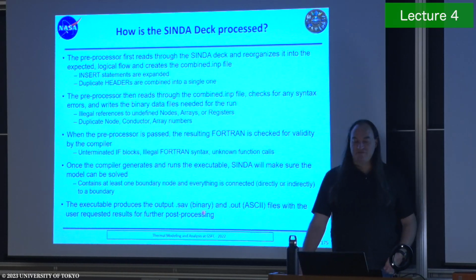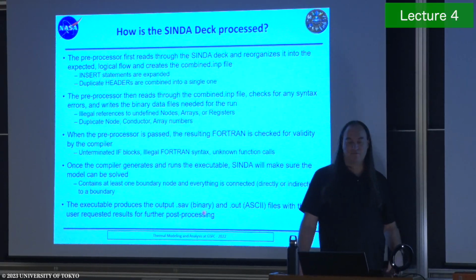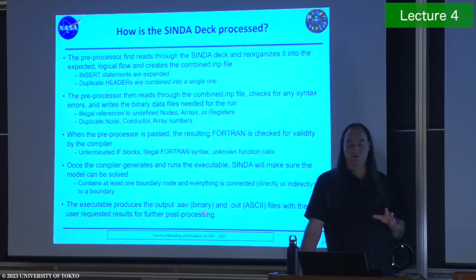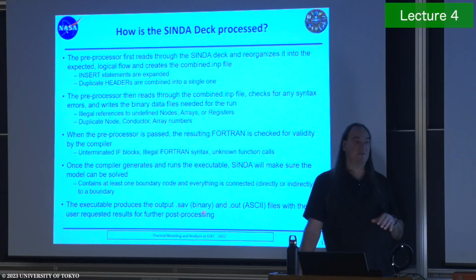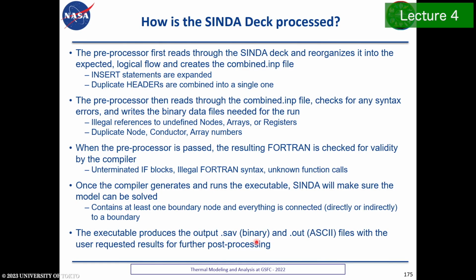So the preprocessor is first going to read through the Cinda deck and reorganize it into its expected flow. There's something called insert statements, where you can basically say, okay, I got to this point, now insert the contents from this file here, and then when you're done, return back and follow the rest of the instructions.